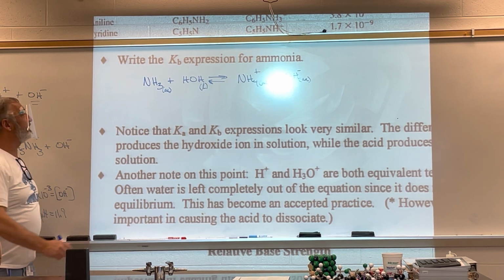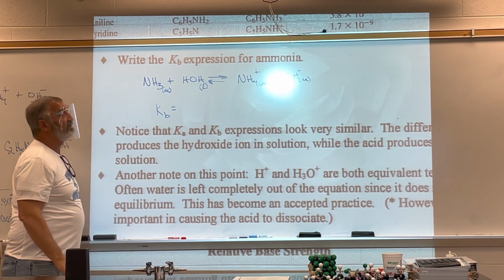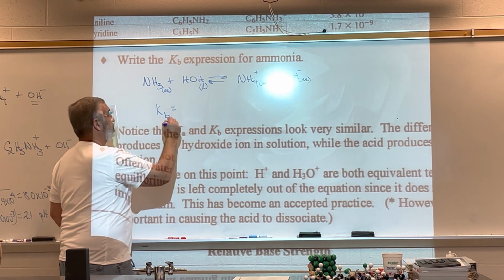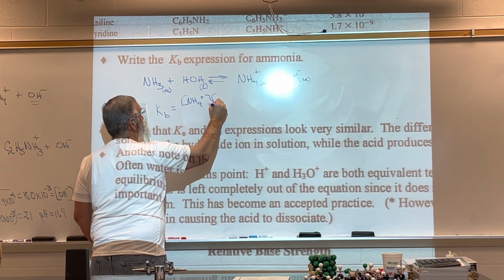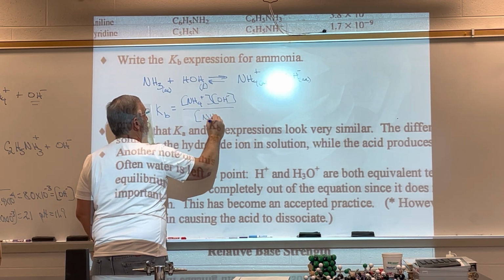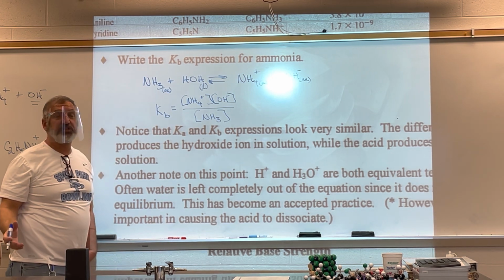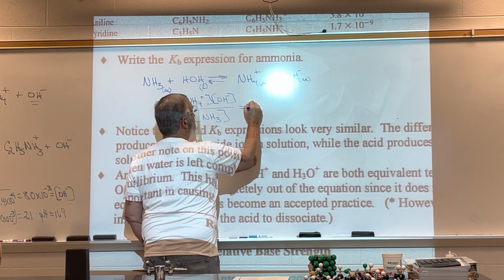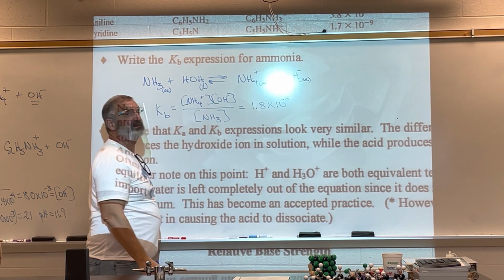So what's my Kb going to be? Kb is K, just like any other. And if you look up on a chart, you'll find that that Kb value is 1.8 times 10 to the minus 5.